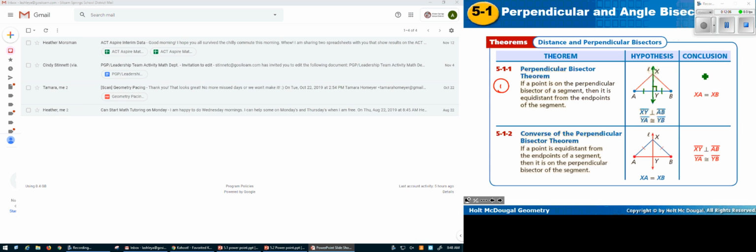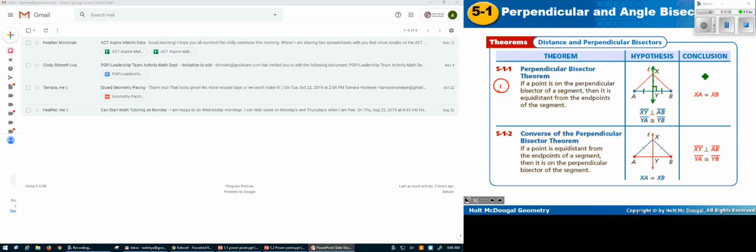Does that make sense? Be careful, it can be any point, and it doesn't mean that they're all the same distance. I could have a point, let's say, way down here. It's on the perpendicular bisector. The distance from it to B is the same as the distance from it to A, but it's not the same as the purple distances. So it's not saying that any point is equidistant to the endpoints anywhere.